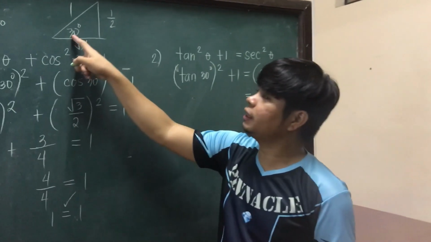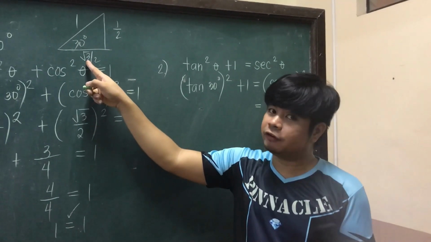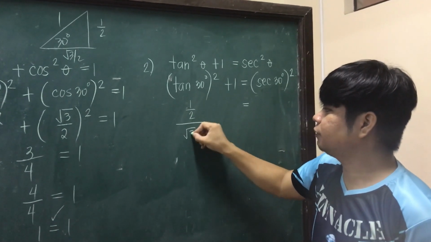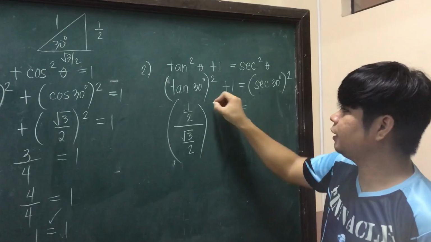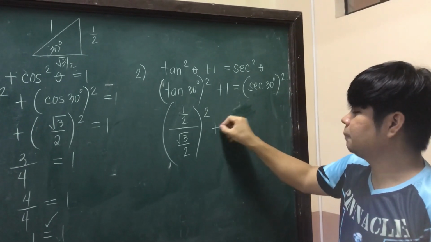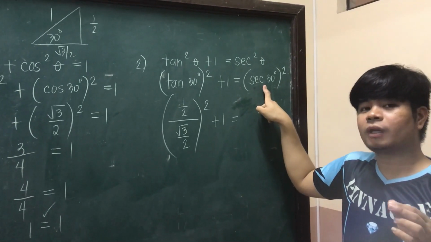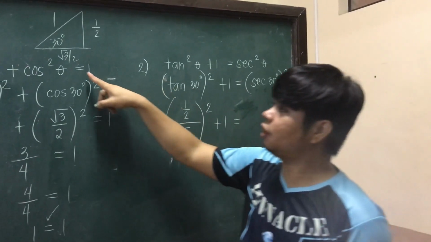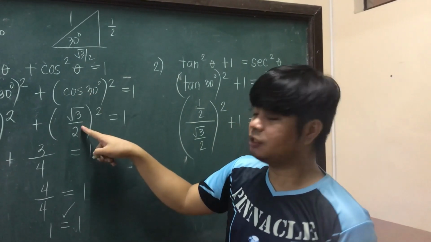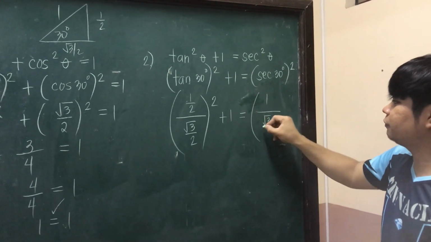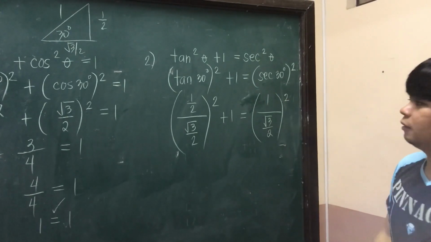Tangent 30 degrees is opposite over adjacent, so we have 1/2 over square root of 3 over 2, and we square that, plus 1. Secant is the reciprocal of cosine. Cosine 30 degrees is square root of 3 over 2, so we get the reciprocal of that, 1 over square root of 3 over 2, squared.